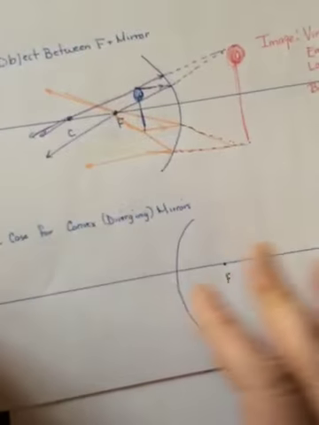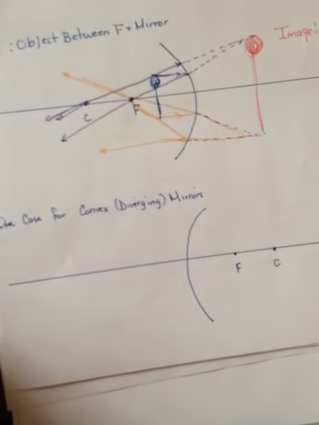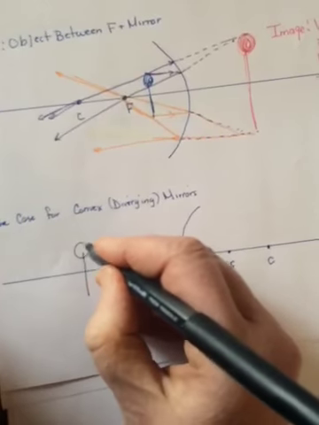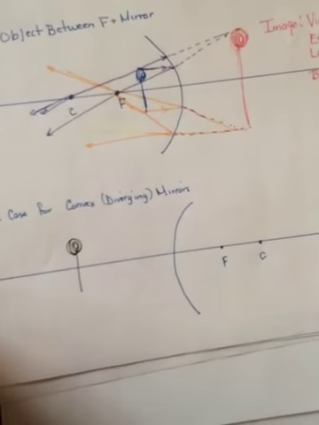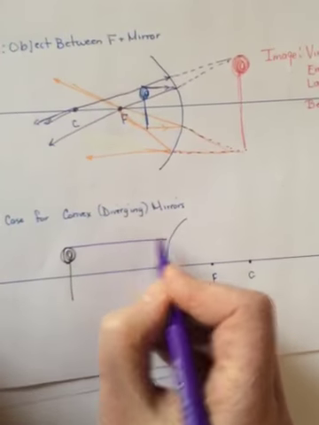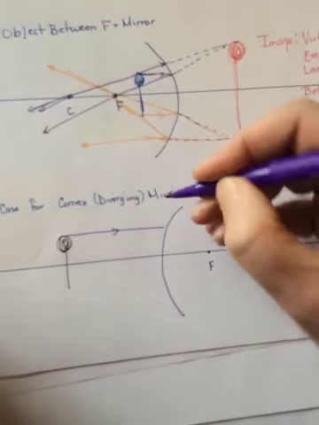We had one case over here to do. So we're going to put our object outside here anywhere. And we're going to do a ray coming from the top in parallel to the principal axis.